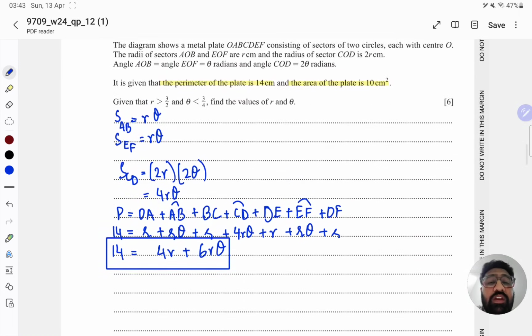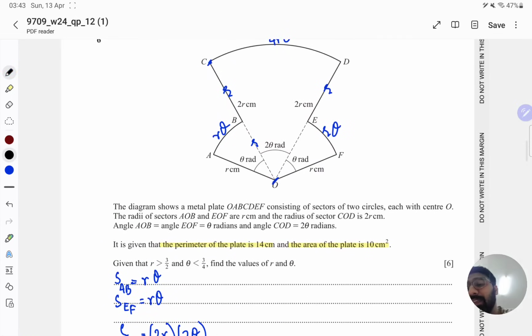Now we will utilize the area that is given to us. We can see that there are basically three areas of sectors, A1, A2 and A3. If we find the areas of all three of them separately and add them together, we will be able to find the total area.